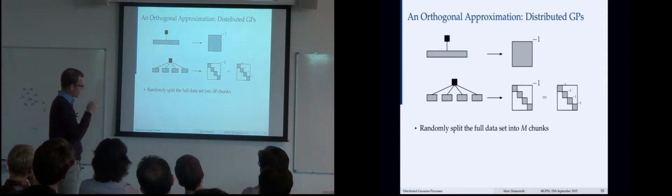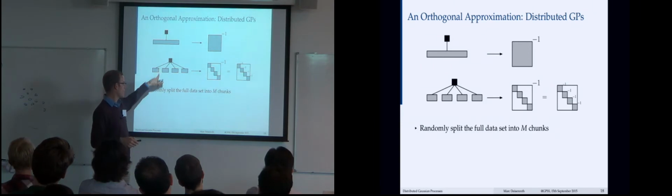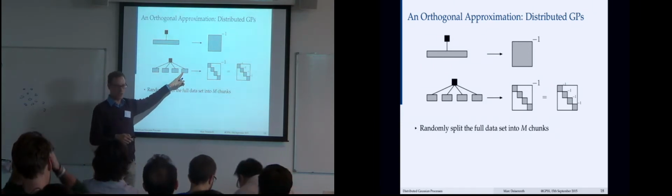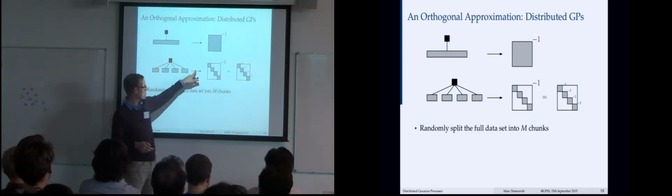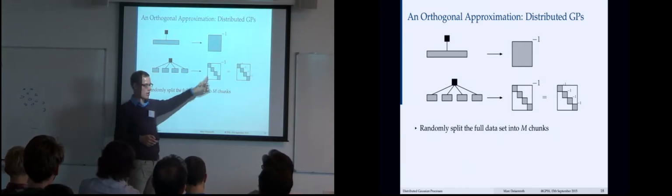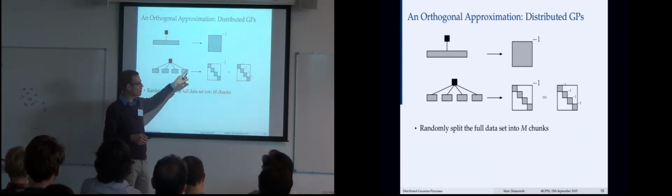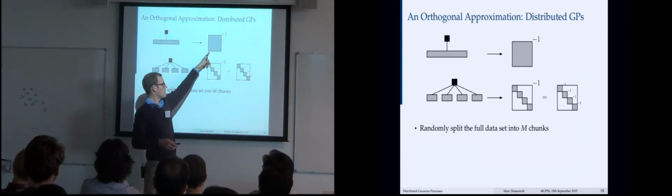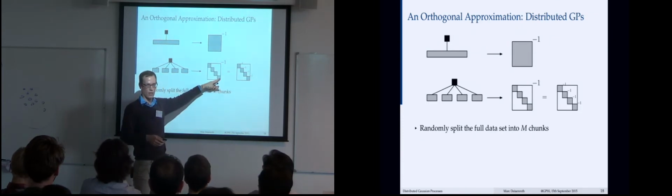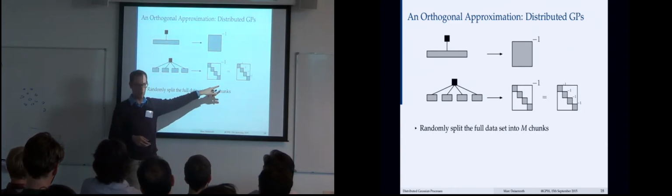But the idea of these distributed approaches is to chop this data set up into bits and pieces, and then you compute the corresponding kernel matrix, which would be an approximation if you make sure that these pieces are independent. Then this kernel matrix would end up as a block diagonal covariance matrix. Inverting this just requires inverting these individual blocks, which is cheap, depending on the size of the block, but it's cheaper than this.